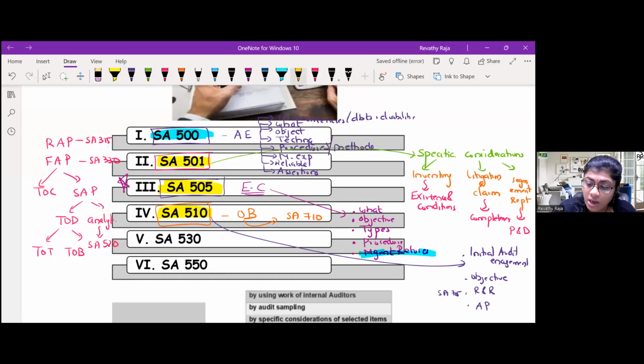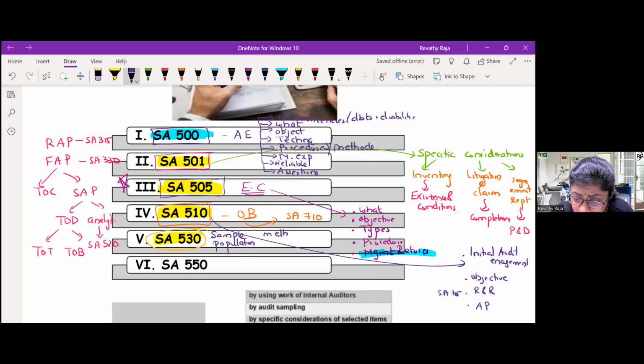SA 530, which is regarding audit sampling. You know, audit sampling. The sample is selected from the population. The sample shall represent the population.